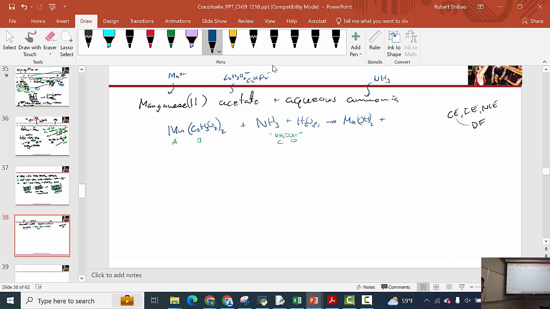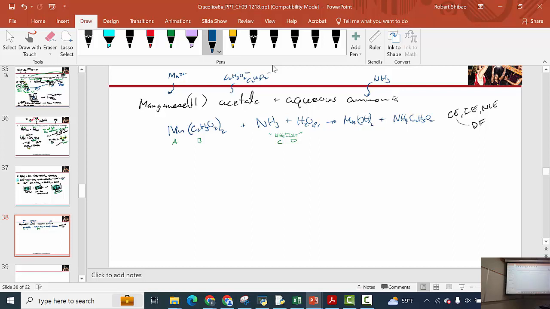And we're going to have ammonium with acetate. And so that's going to form ammonium acetate, which has the formula NH4C2H3O2.